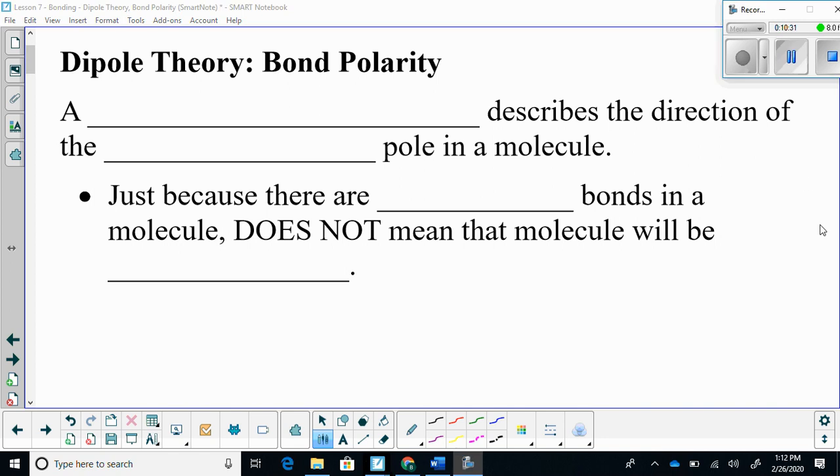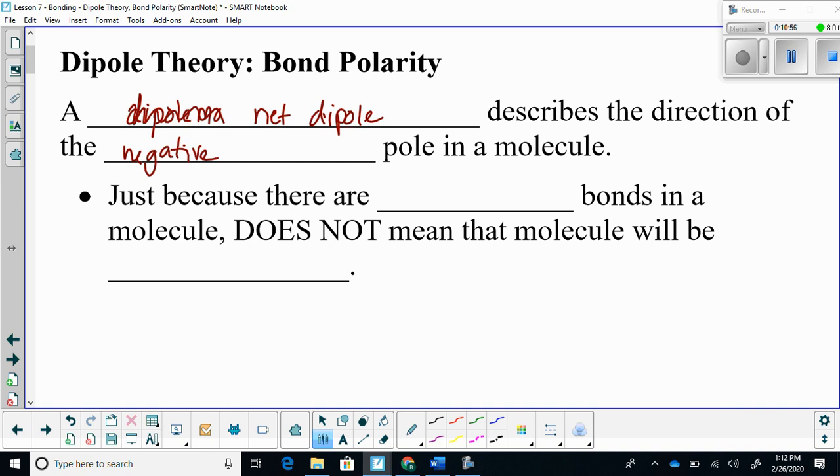Okay, so a net dipole describes the direction of the negative pole in a molecule.